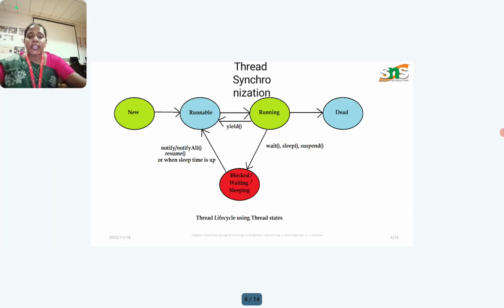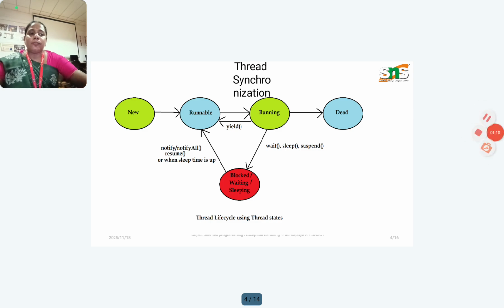And these are the five states of a thread. New is when a thread is allocated to that particular resource. After that, once it has access to the resource, the thread is in the runnable state. If the thread is running without any interruption, that is the running state.